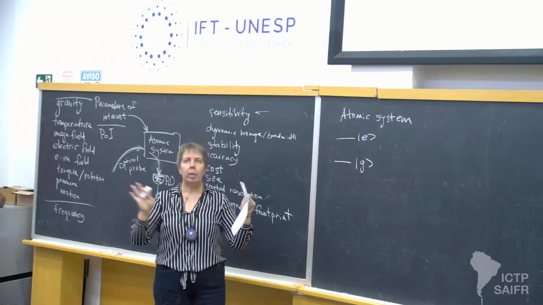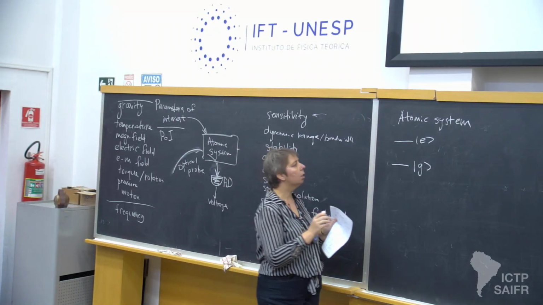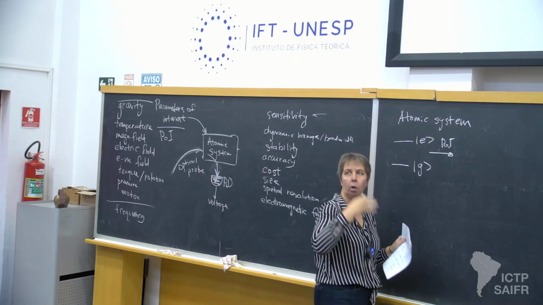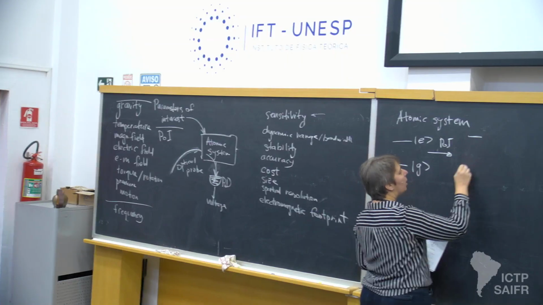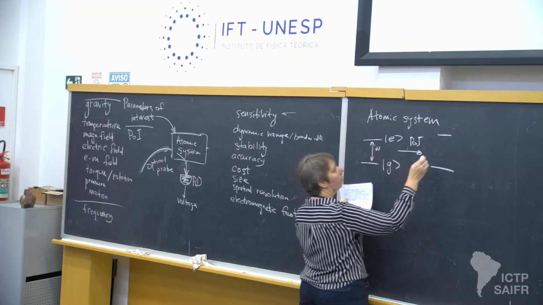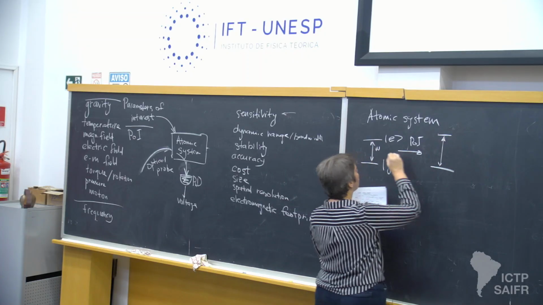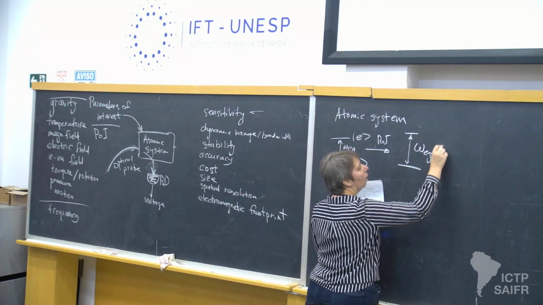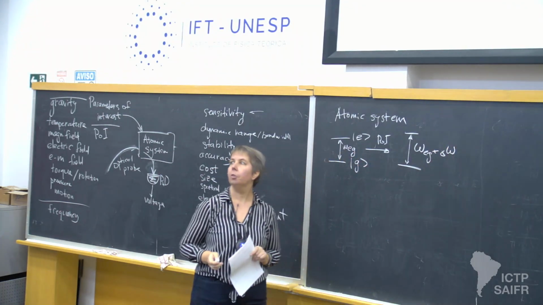So we usually pick some two levels, and then when our parameter of interest changes or appears, there will be some change in frequency. Let's say if this is the frequency of the resonance, we'll introduce some sort of a shift.